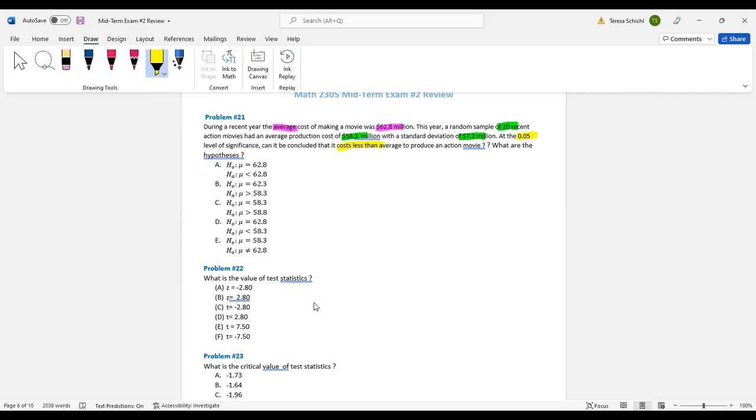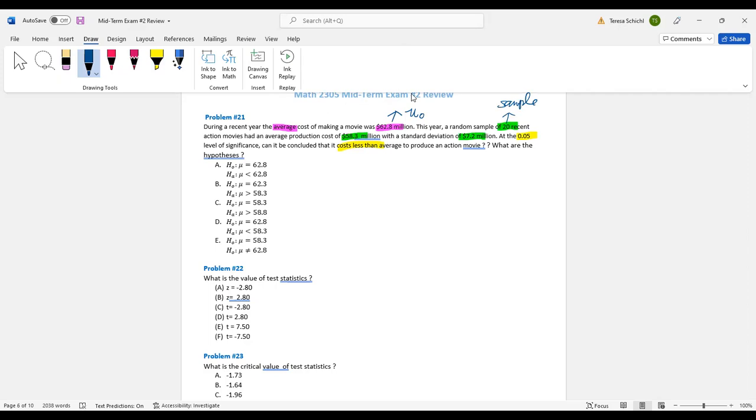What are the hypotheses? Okay, so the reason why I'm highlighting in different colors, right? I know this one says that in recent years, the cost of making a movie is 62.8. So this is my mu zero, right? Then all this green is from my sample, the sample data.